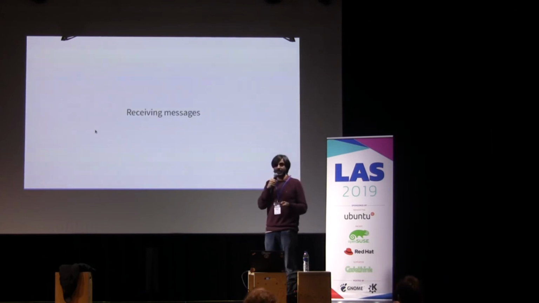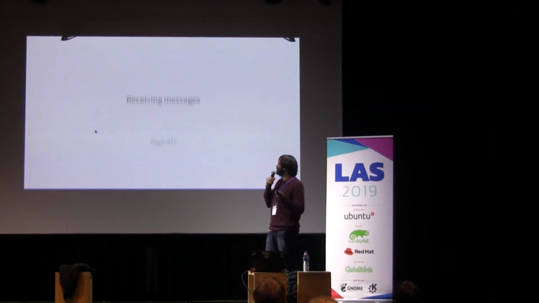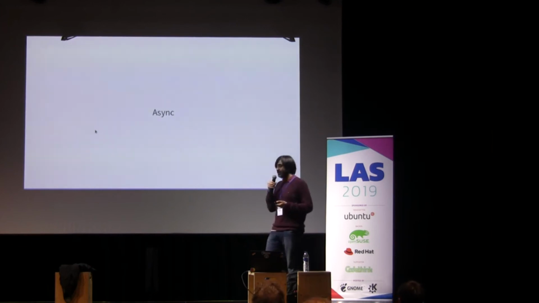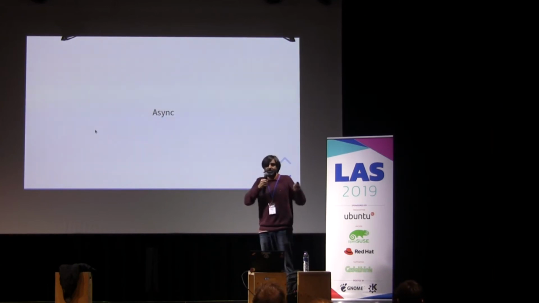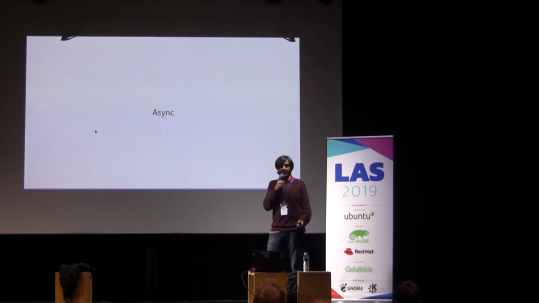Then, of course, simple things that are ZBus related, receiving messages. I can only send signals right now, which is pretty trivial once you have the sending and receiving messages. And asynchronous API. I want to have my API very asynchronous because it's I/O, of course. So you want it not to block the threads and stuff.